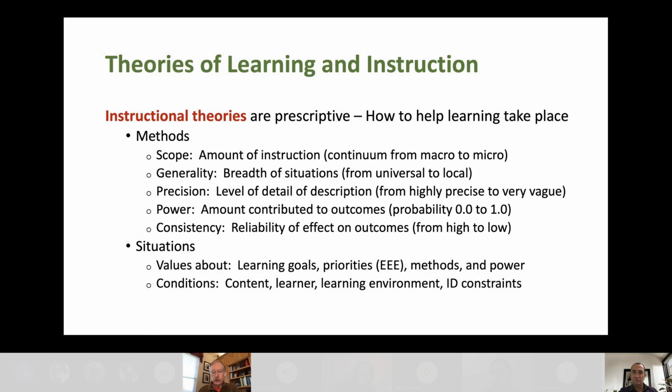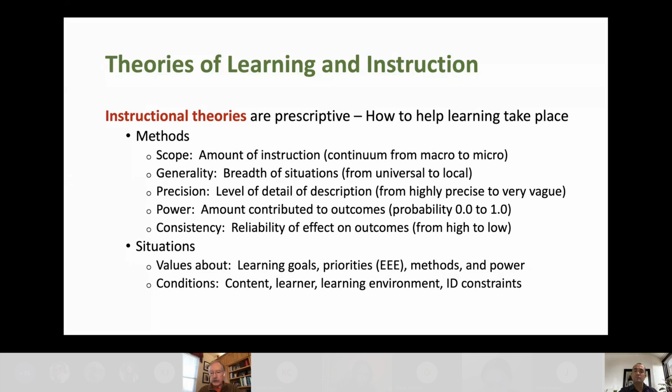The nature of the learner: you're certainly familiar with learning styles, abstract versus concrete, or visual versus verbal, Gardner's multiple intelligences. There are a number of kinds of learner variables that might influence the methods that you use.